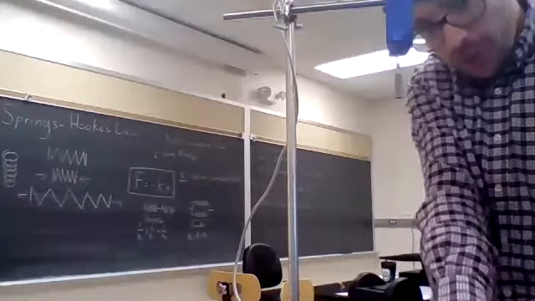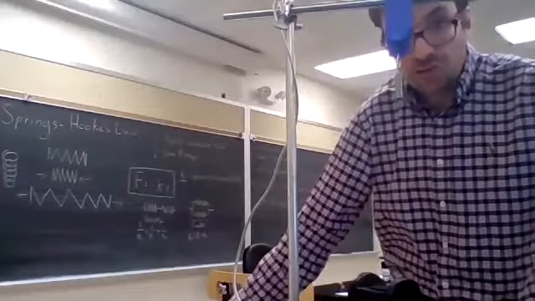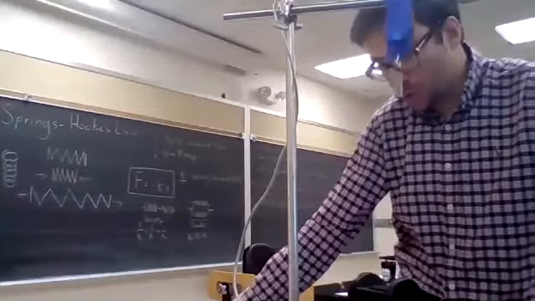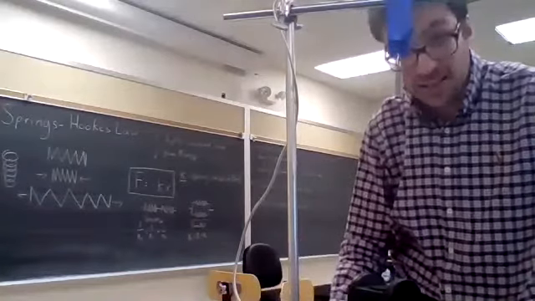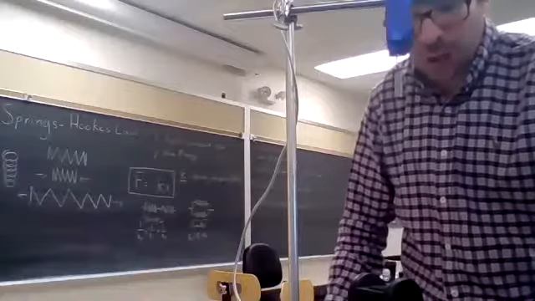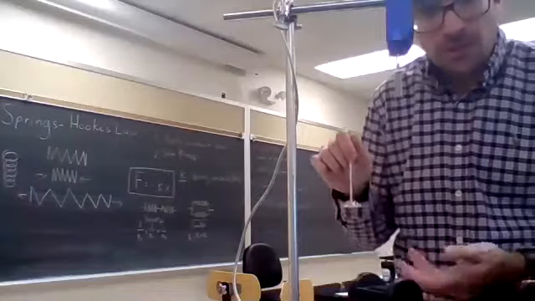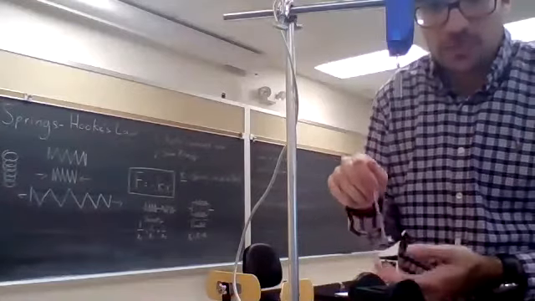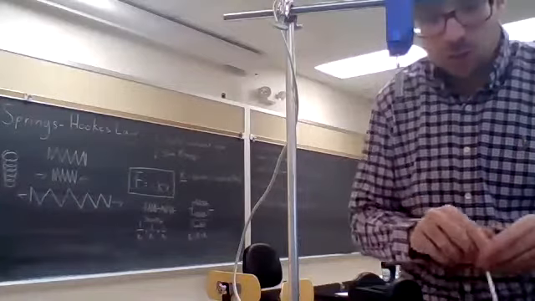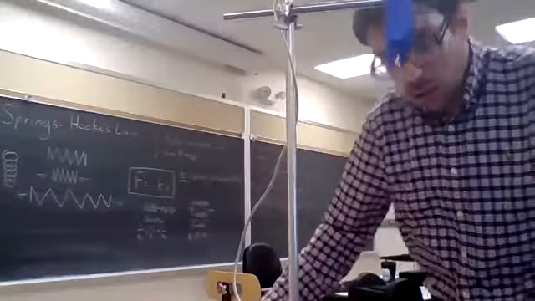Do note, however, that you do have to calculate the force, and the force is not simply equal to the masses. You'll have to remember the gravitational force from a certain suspended mass to calculate the force that the spring is going to experience.